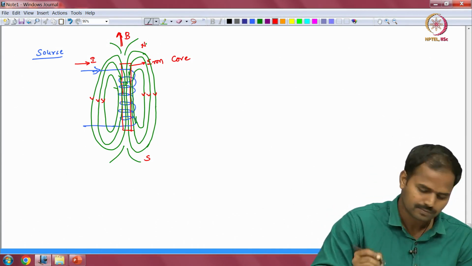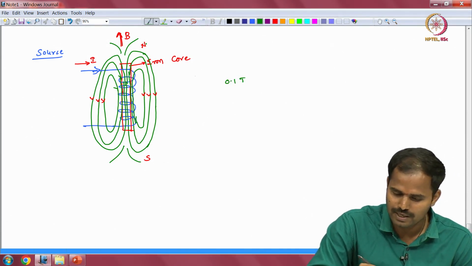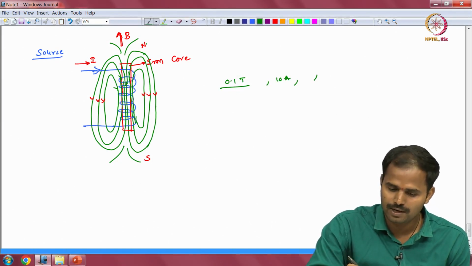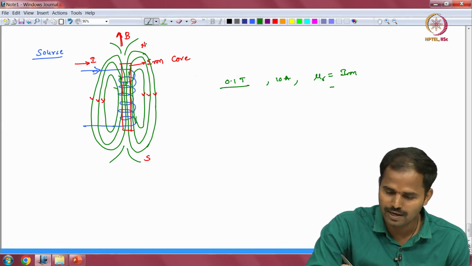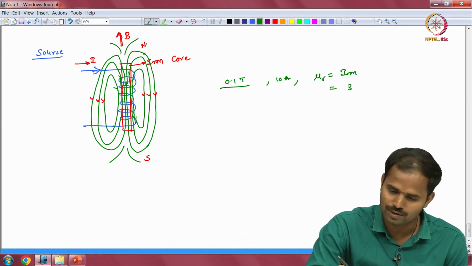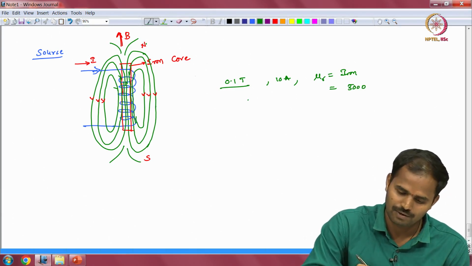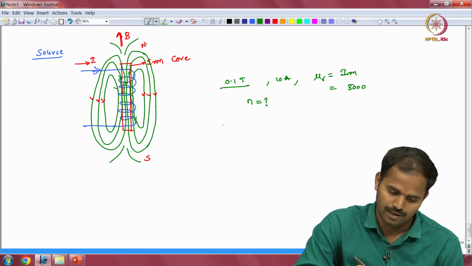Now, I will consider the same example. We want to generate 0.1 Tesla and current is 10 ampere, and I am considering an iron core with relative permeability 5000. Now, we will find the number of turns.